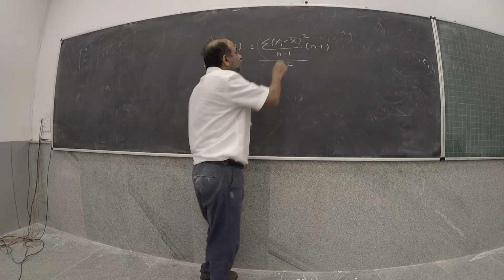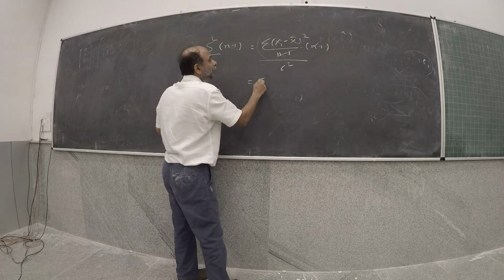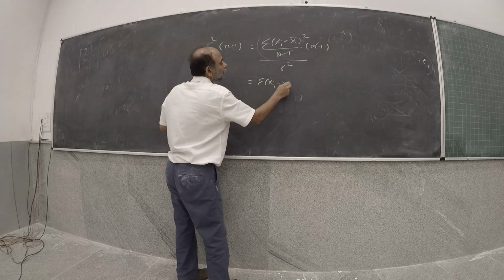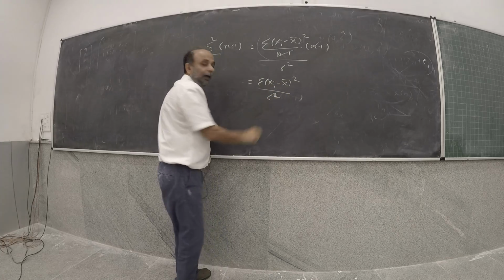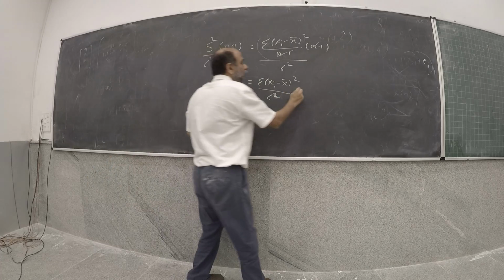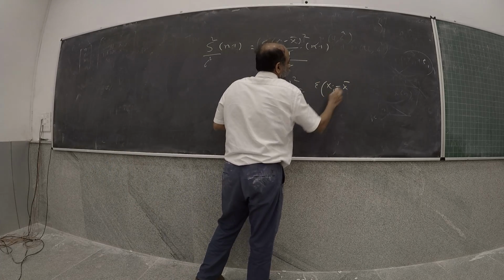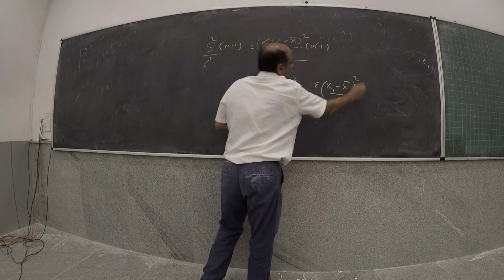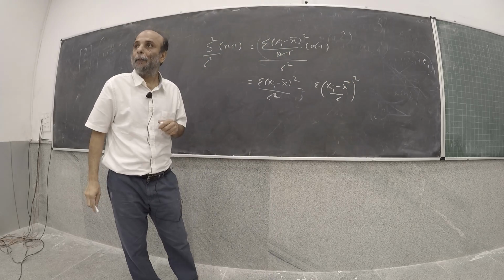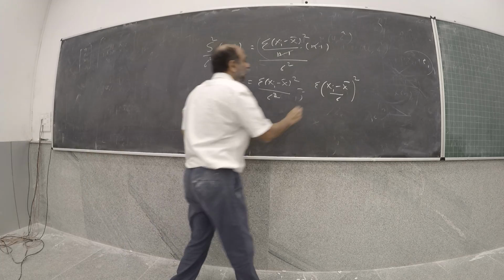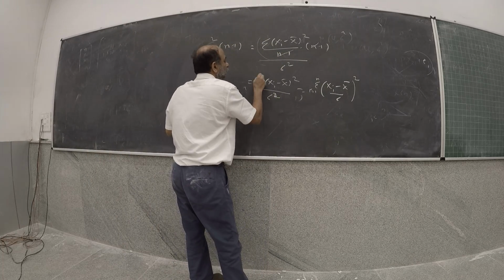Right? This n minus 1 will go with this n minus 1. So this quantity is really, which is what? Right? I goes from 1 to n like this.